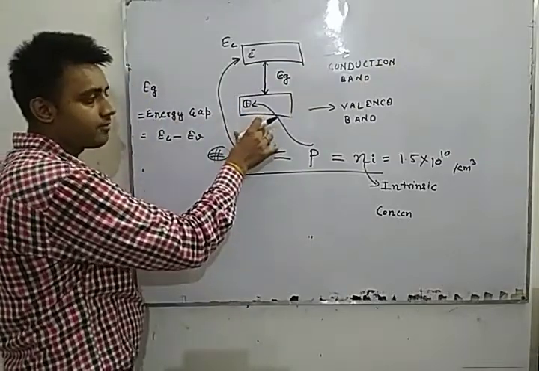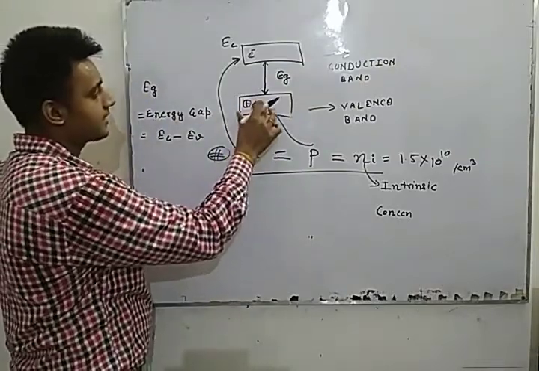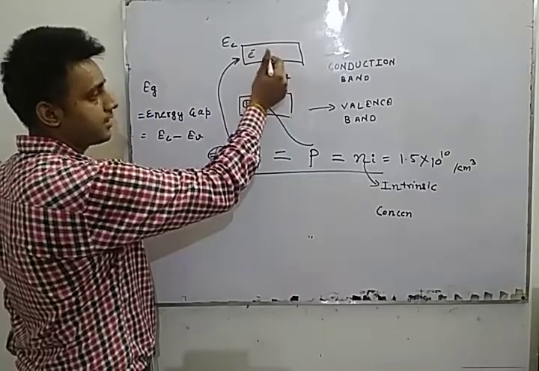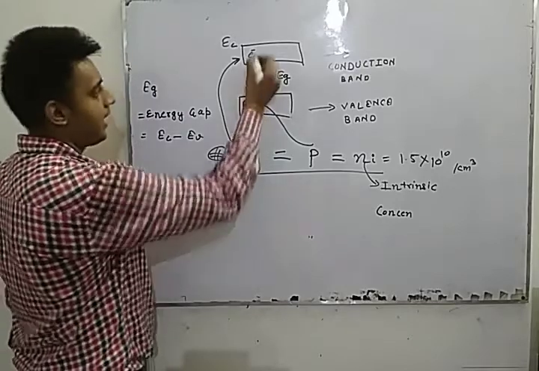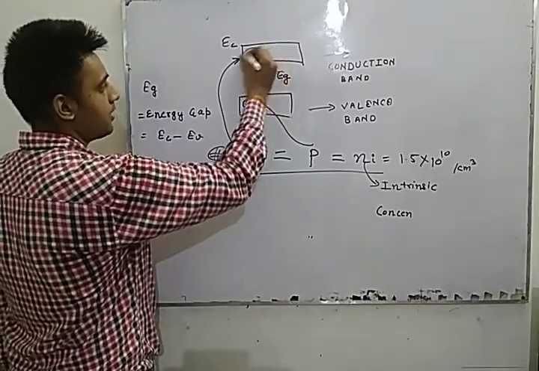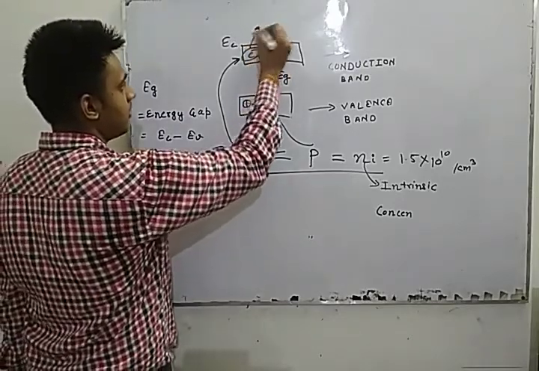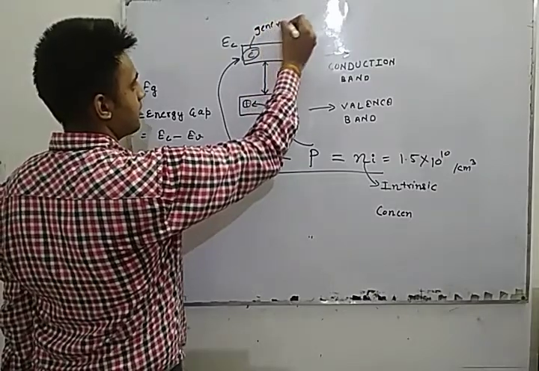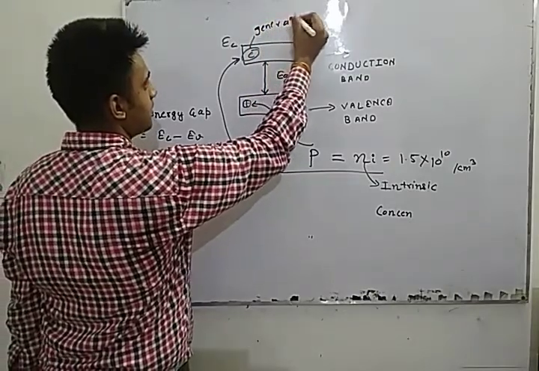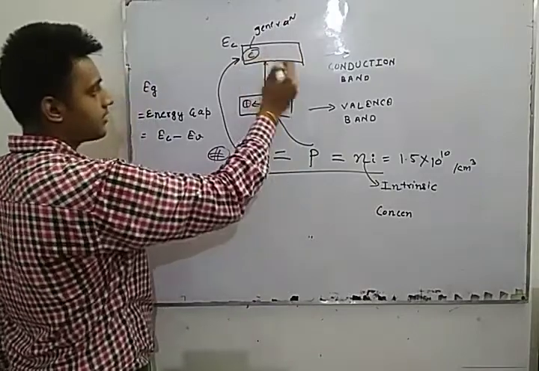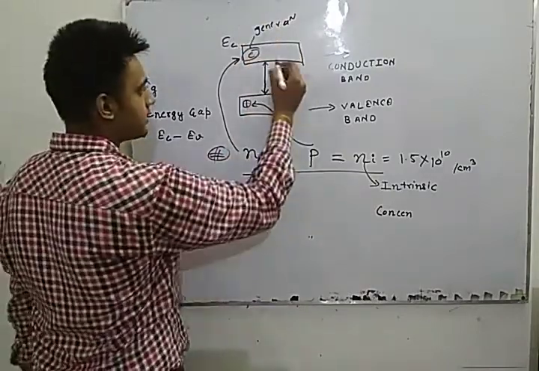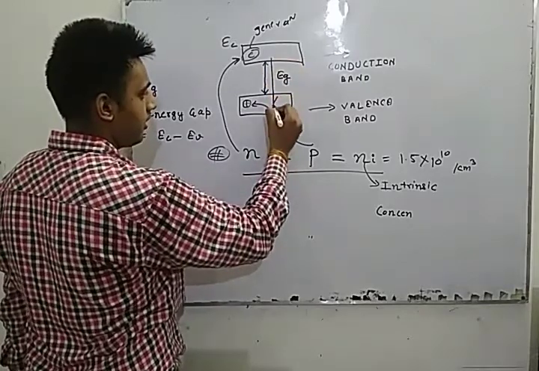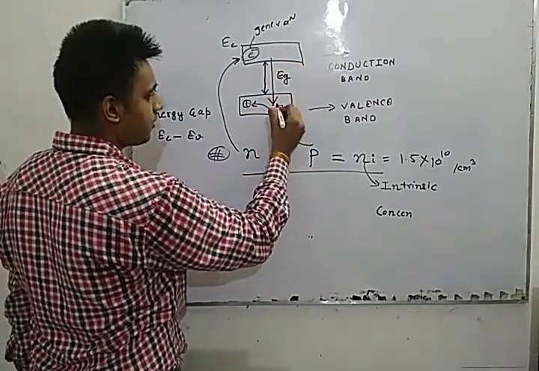The electrons from the valence band are excited from their state and go to the conduction band state, which creates a void called a hole. This is called generation. And these electrons, after generation, come back down to the valence band state and recombine with the holes.